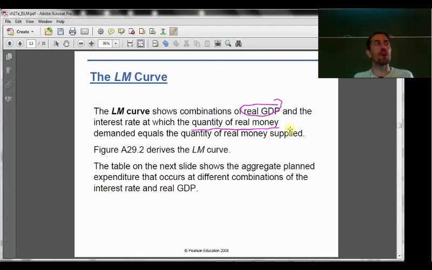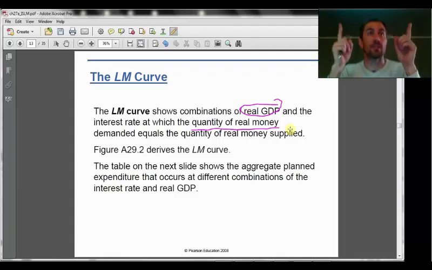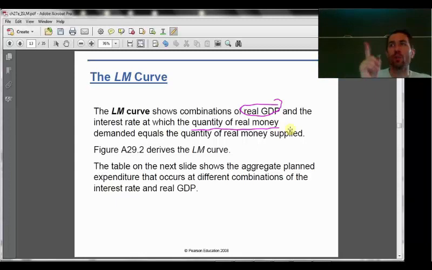Our money demand curve shifts which way? To the right. The money demand curve shifts to the right. When the money demand curve shifts to the right, what happens to the equilibrium interest rate in the money market? It increases. Right. So there's a relationship in the money market between the level of GDP and the interest rate.